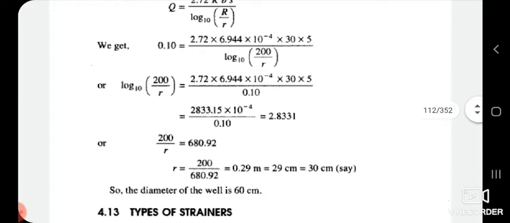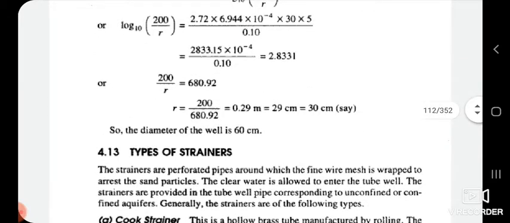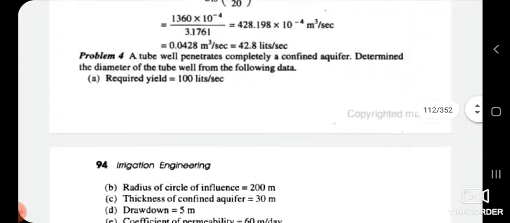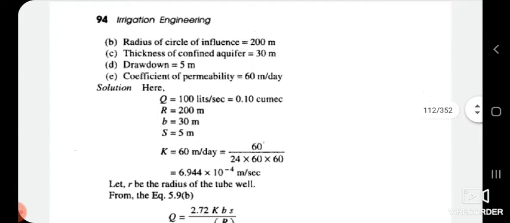Okay, and then you can find the radius, and with that you can find the diameter of the well, in terms of meter or centimeter, anything will do. Okay, so what you can do is that again here the radius of circle of influence alone you just convert it into 250 meter, and you keep the remaining things as such and try to work out the problem.